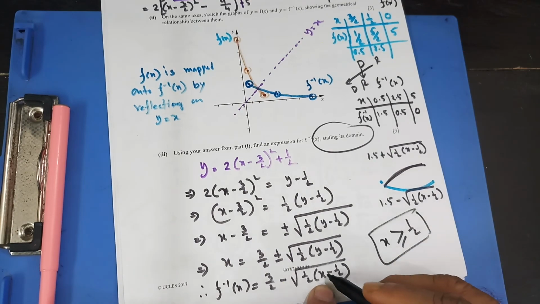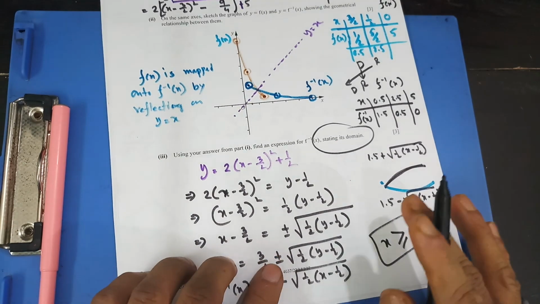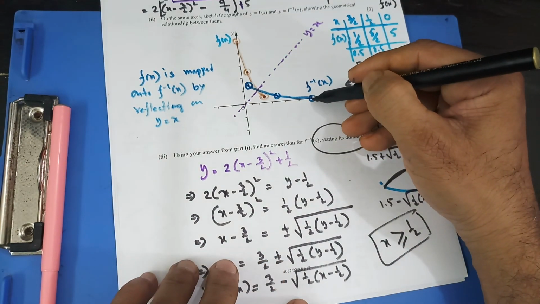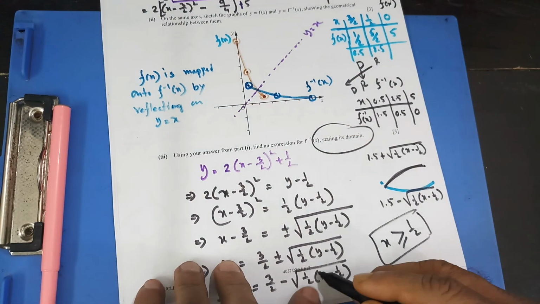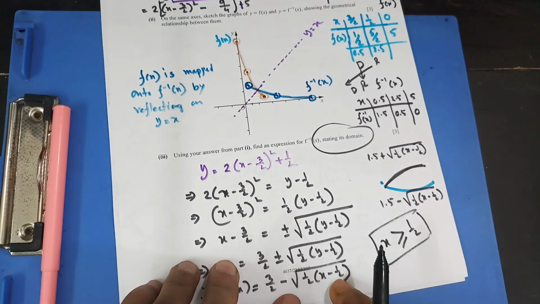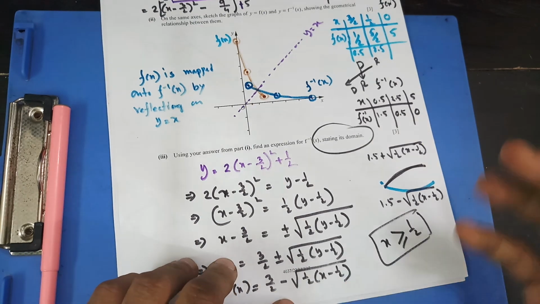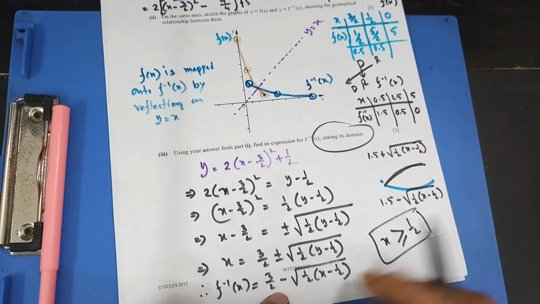If you have equal to half, this whole thing is going to be 0. It's okay. But if you got less than this, then this is going to be negative. Square root of a negative gives you a math error in the calculator, so you cannot take that. So the domain should be this.